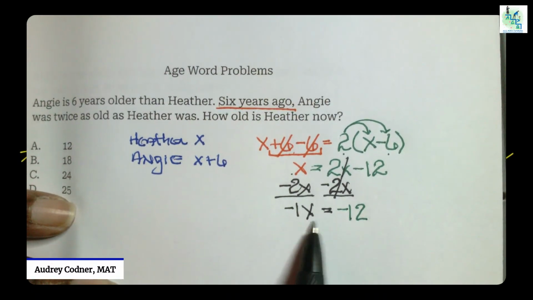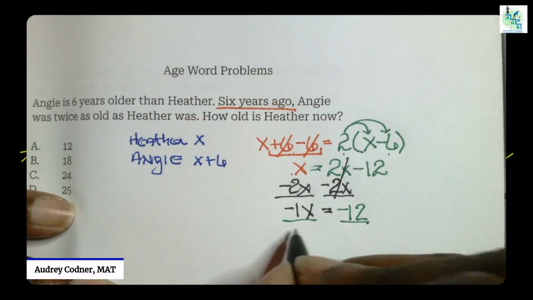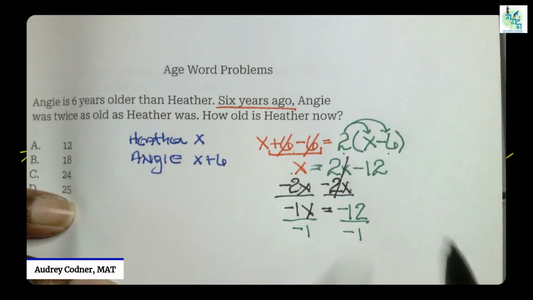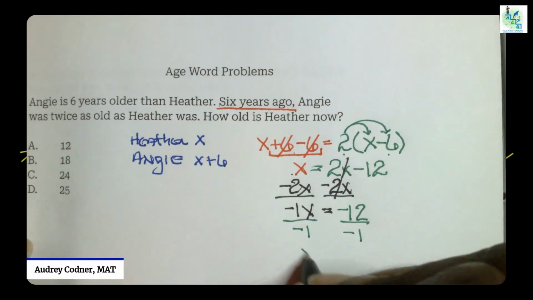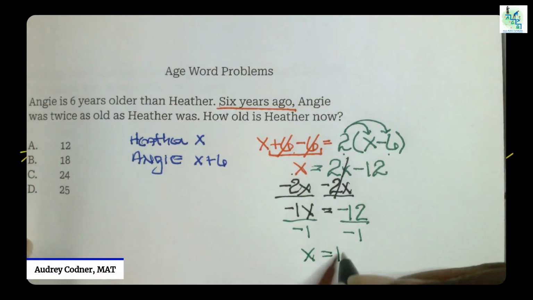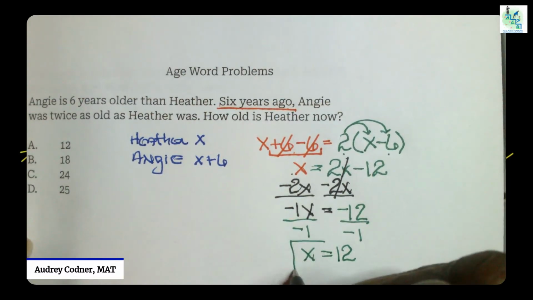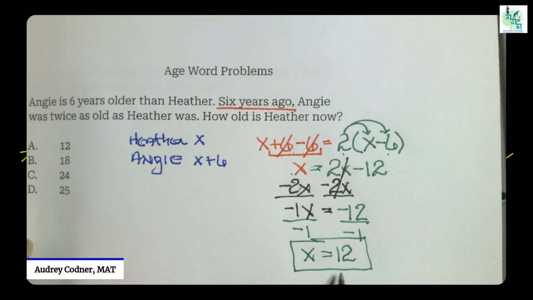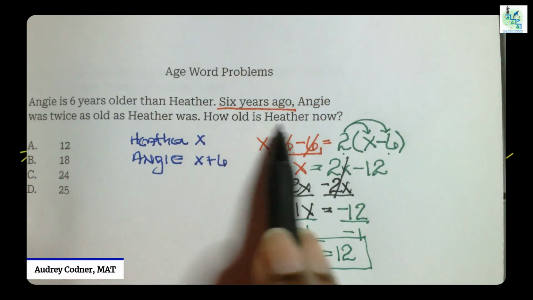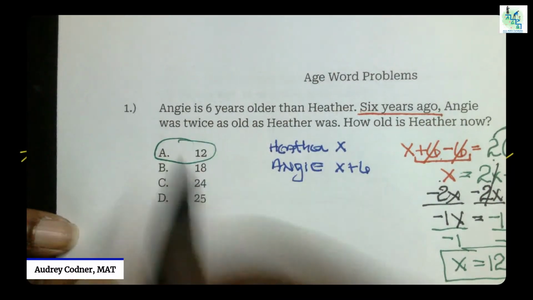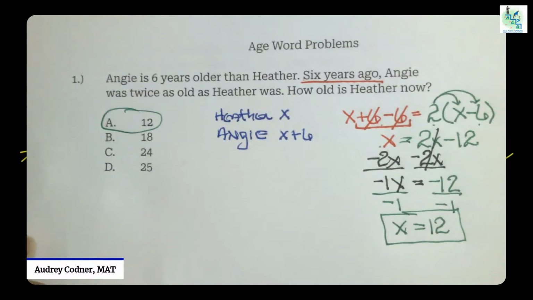If negative 1x equals negative 12, that means we need to divide both sides by negative 1. A negative divided by a negative gives us a positive, so x is going to equal 12. Now, who is x? Heather is x, and we want to know how old Heather is now. Well, Heather is 12. All right.